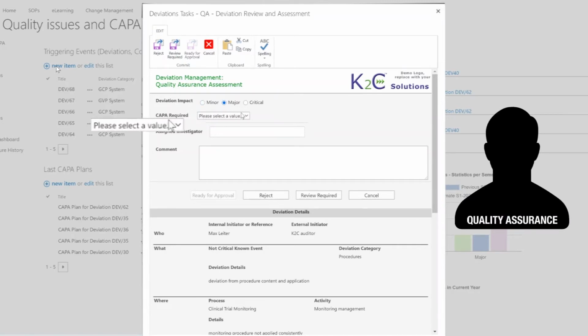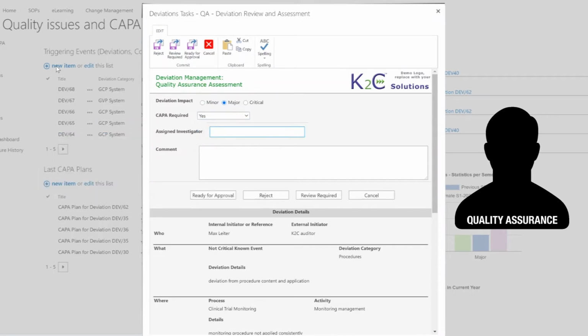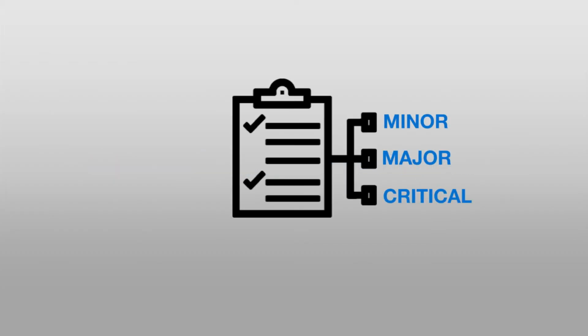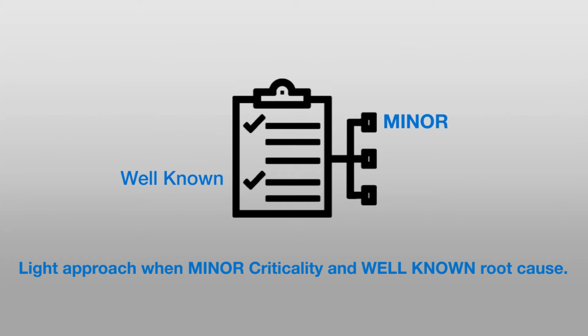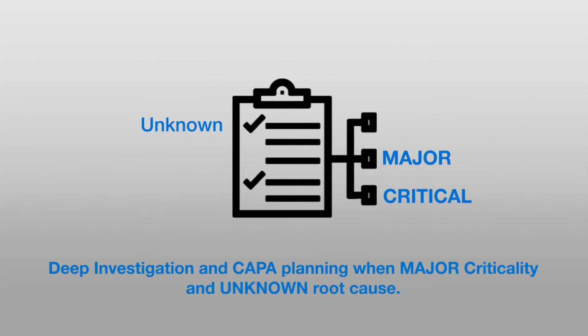In addition to the process owner, the quality assurance evaluates the issue criticality and the deviation impact on critical quality attributes and compliance. The combination of criticality level with other parameters may determine a light approach when a deviation is minor and the root cause is well known, or deep analysis and a CAPA planning when a major or critical deviation has an unknown cause.